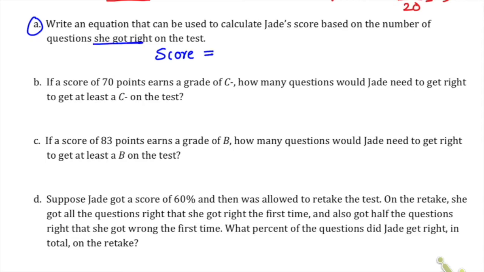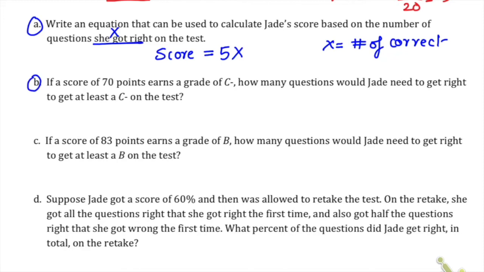Each question is 5 points, so her score is 5X, where X is the number of correct responses. If she has 1 correct, she gets 5 points. If she gets 2 correct, 5 times 2 means 10 points, and so on.